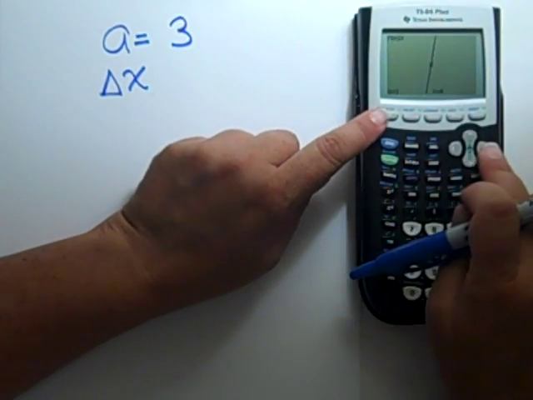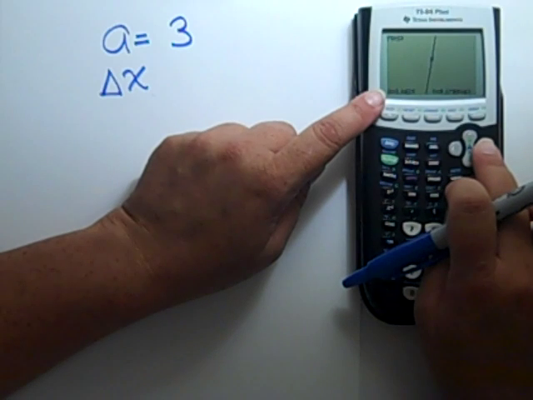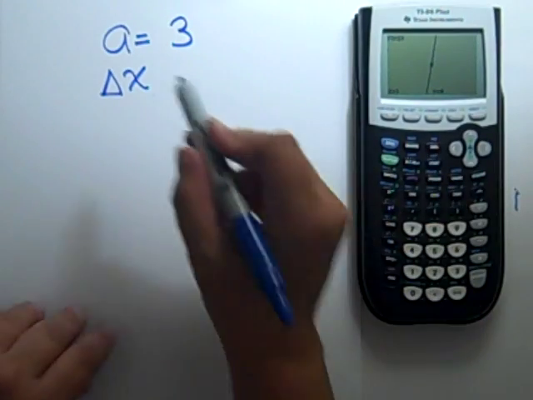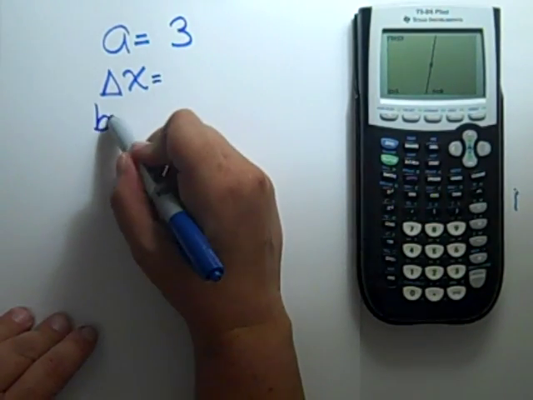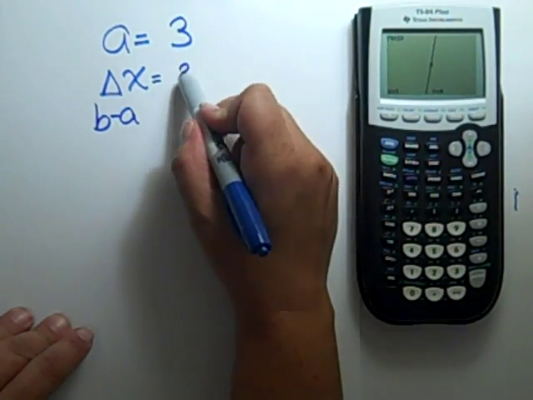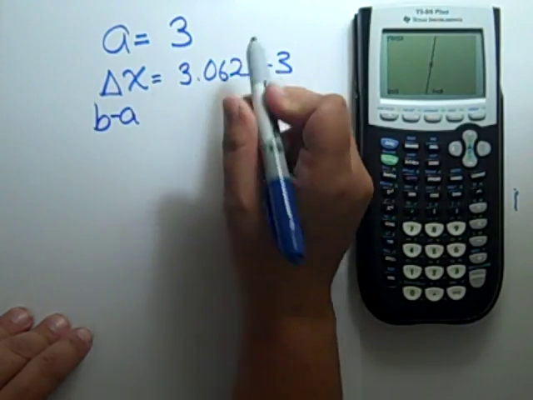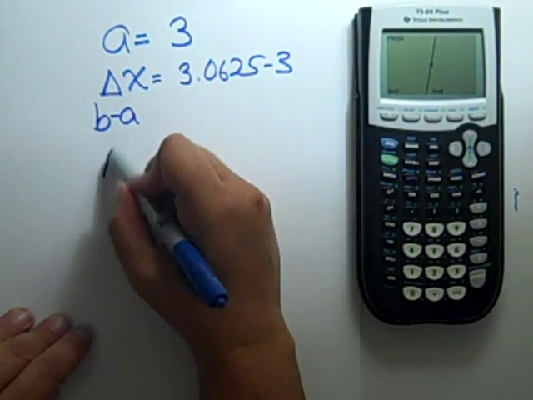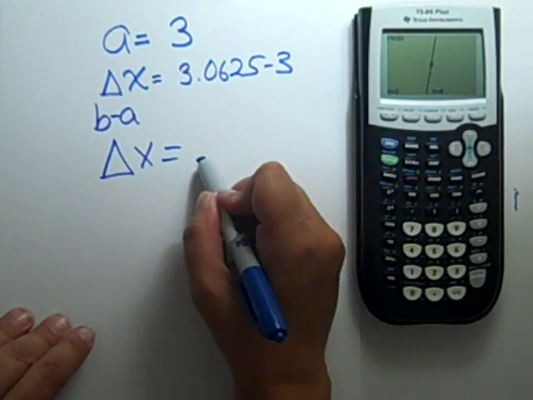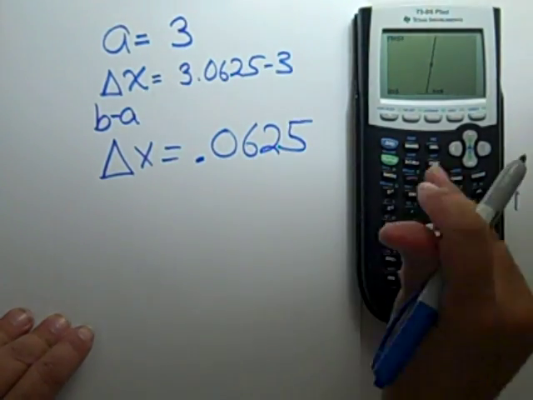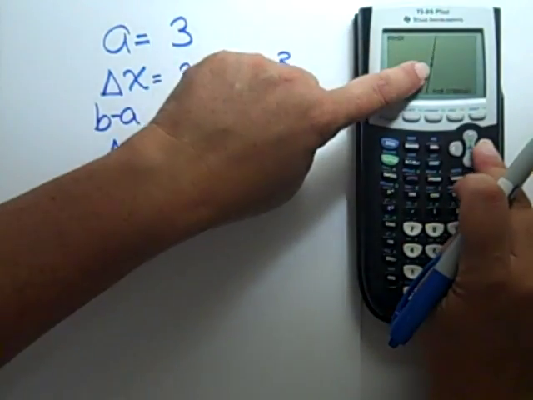So here I have x equals 3, and then here I have x equals 3.0625. So you could say that the change in x is b minus a. So that would be 3.0625 minus 3. You could probably do that one in your head. So the change in x equals 0.0625. Okay, that's how much x changed from our first point to our second point.